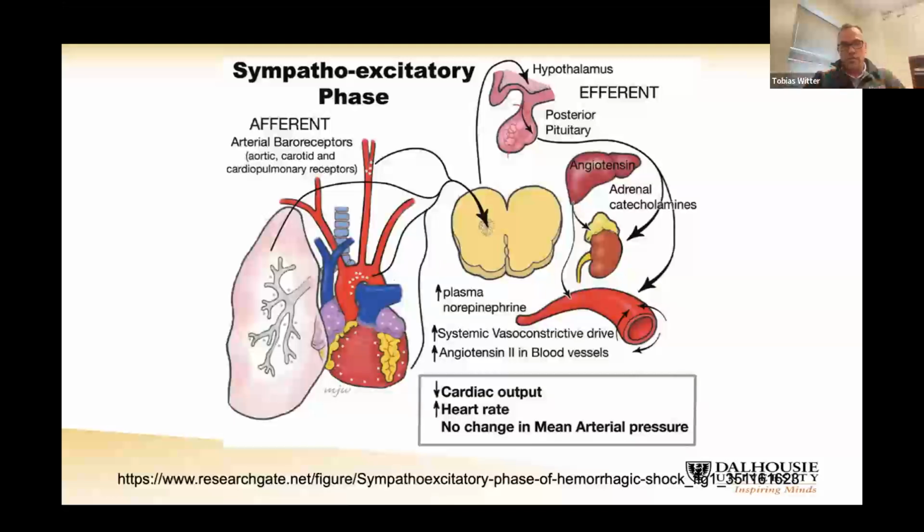They increase our heart rate, they squeeze our blood vessels, and make sure that we, again, focus our cardiac output on the vital organs like brain, heart, kidneys, liver, and so on and so forth.